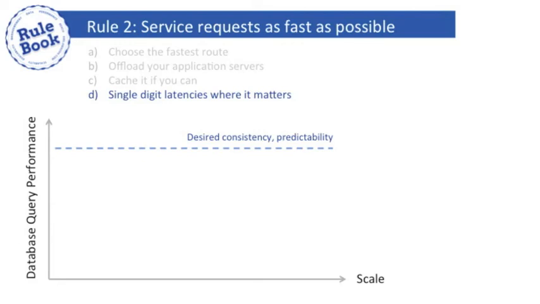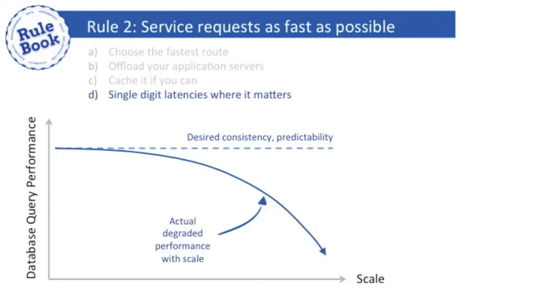So regardless of the scale of my data or the database that I'm operating at, I want to get a consistent database query performance so that I can predict how my application will perform for end users. But what actually happens is as I scale my database, as my data sets get larger, the number of records in my database grows, the indexes grow around that, I actually get degraded performance with scale.